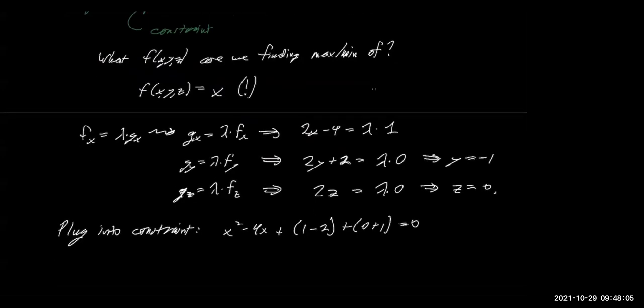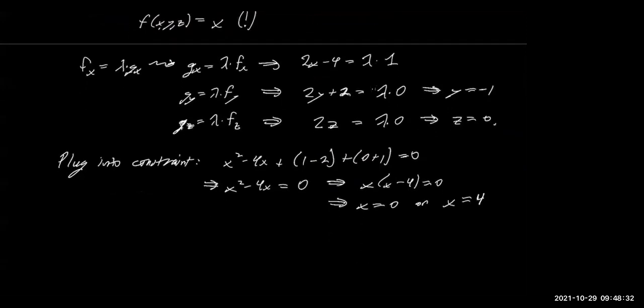And hopefully this will work out nicely. Oh, I think it's just that. Everything cancels. And so that's x times x minus 4 equals 0. So that means x is 0 or x is 4.